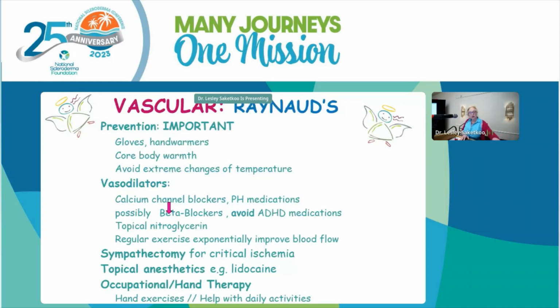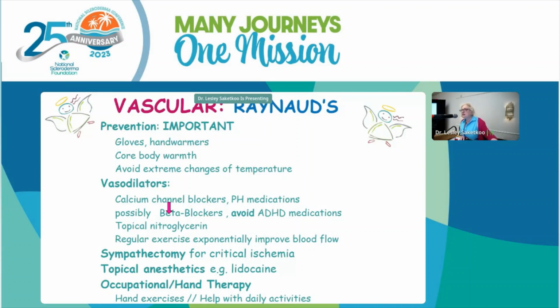Vascular, Raynaud's, everybody knows what that feels like, and prevention is the most important thing you could be doing to alleviate that pain. Gloves, hand warmers, keeping your core body warm. Keeping your core body warm is very important, and trying to avoid extremes of temperature. And then there's other things that you could be doing: topical anesthetics, lidocaine, sympathectomy, and again, exercise increases circulation.